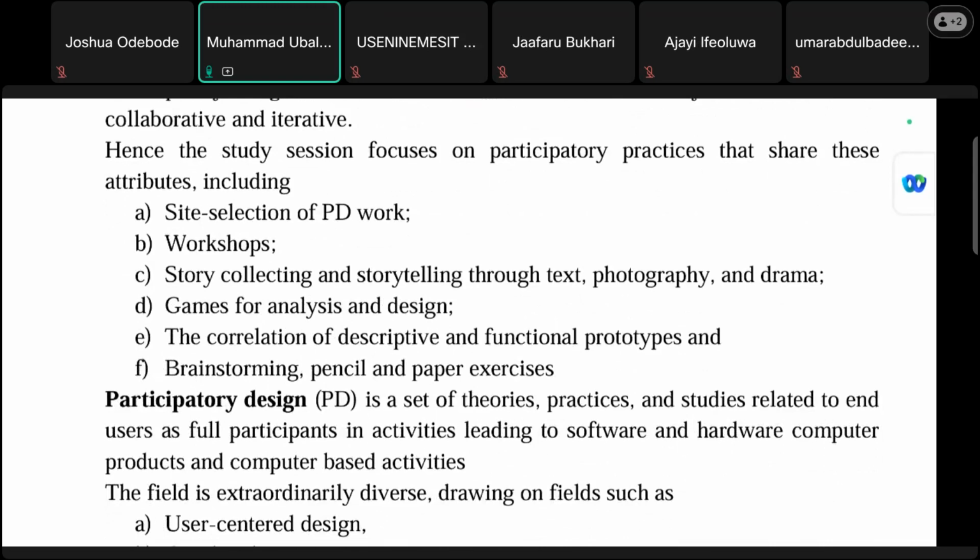Now, there are key practices involved in participatory design. Number one is site selection. That is where the work needs to be done. Number two, there is a workshop, a place where technical work is being executed. We have storytelling.